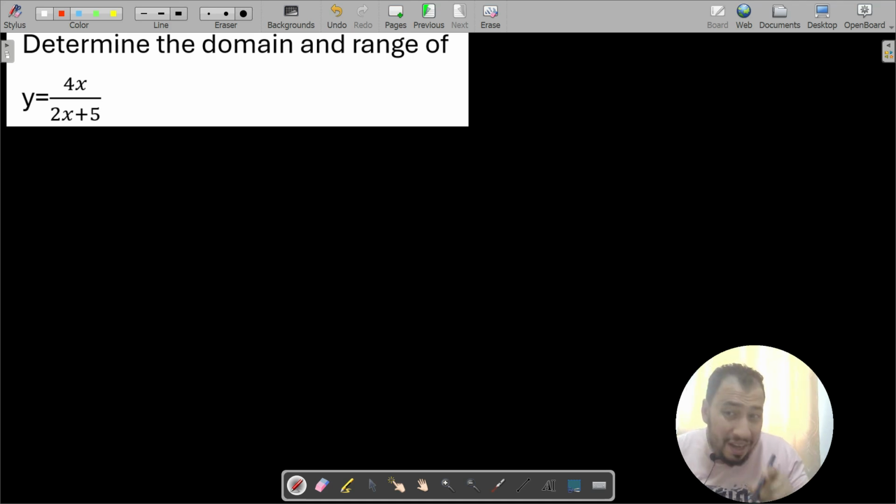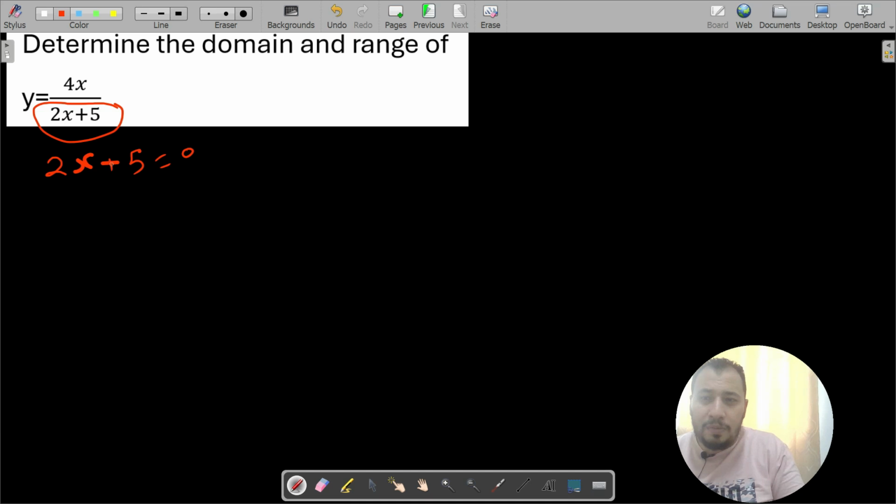What we care about here is this denominator. As I mentioned earlier, this denominator cannot equal 0. So to get the domain, I have to get the value of x which will make it 0. I'm going to write 2x plus 5 equals 0, then solve it. 2x equals negative 5, over 2, over 2.